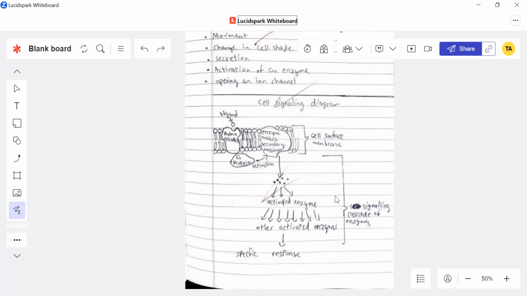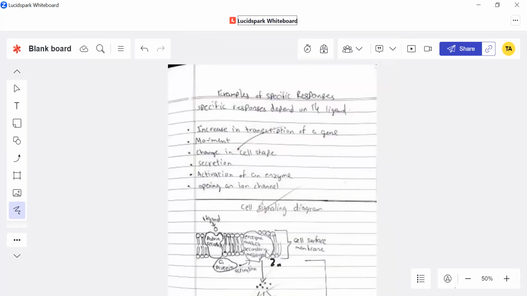G protein activates an enzyme that makes a secondary messenger, and the secondary messenger activates enzymes that are specific to responses. This part, where secondary messengers activate enzymes for specific responses, is called the enzyme cascade. So this was cell signaling.